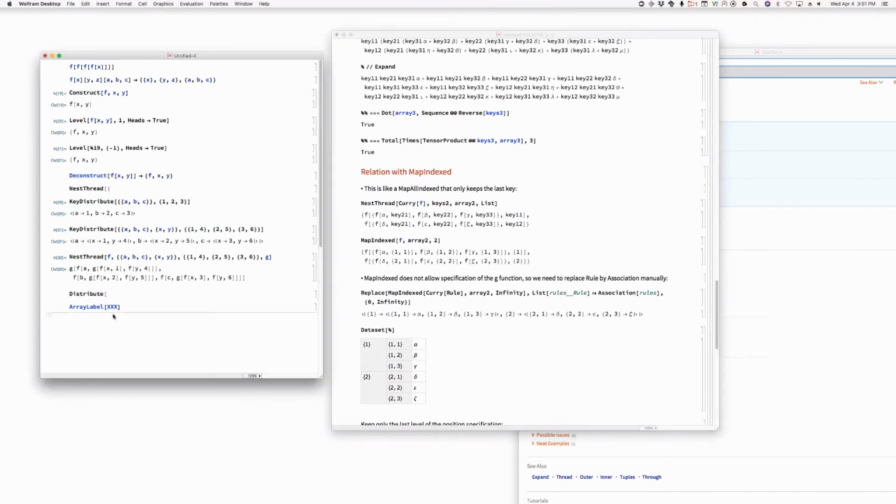And honestly, label isn't the right concept here anyway. Well, it sort of is, because the main place is going to be associations or possibly rules. But then I think a key would be nicer than label. Key distribute is absolutely incomprehensible for what it's doing. It's really put keys into an array.